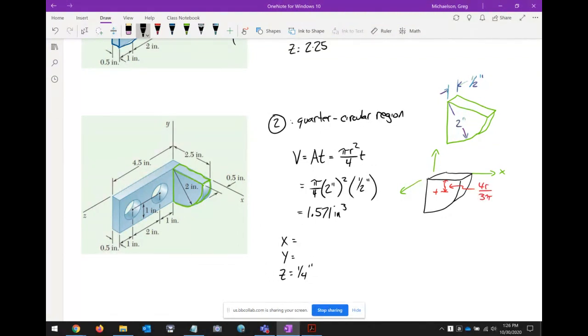So my y centroid is going to be, and let me see if I can move some stuff down here, 4r over 3 pi, but it's going to be negative because along the y-axis I'm going down.